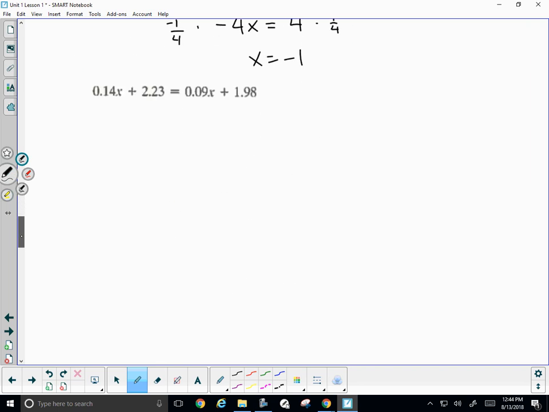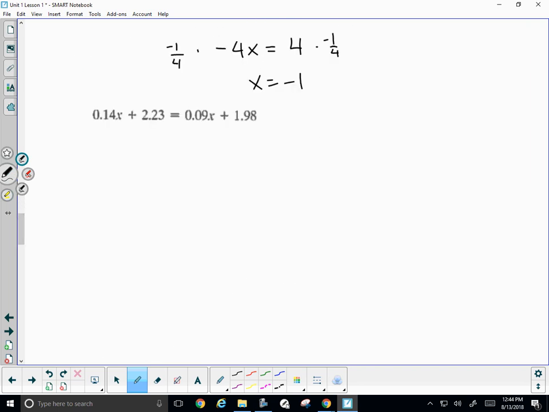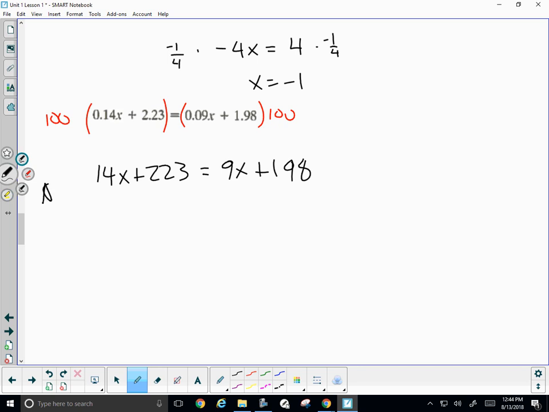Okay, here, for these decimals, since it goes to the 100th place, multiply both sides by 100. And this may be easier to work with than with decimals. This turns into 14x plus 223 is equal to 9x plus 198. Okay? You will be able to use a 4-function calculator in this class to maybe help with the bigger numbers, but this is all something that we can do simply by hand.